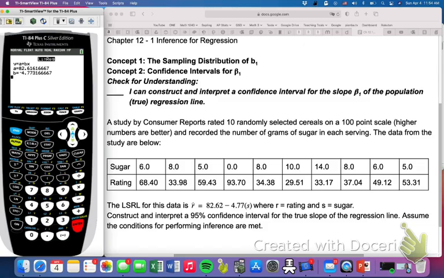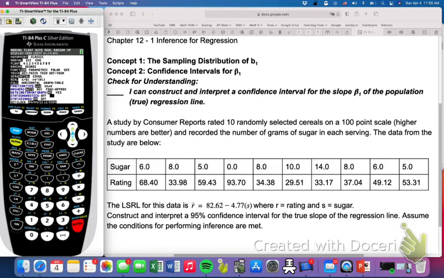Typically the r and r squared show up here. If they don't, that means you haven't turned on your stat diagnostic. So go to mode, and scroll down to the third from the bottom. It may be different on your calculator. It says stat diagnostic. You want to turn it on.